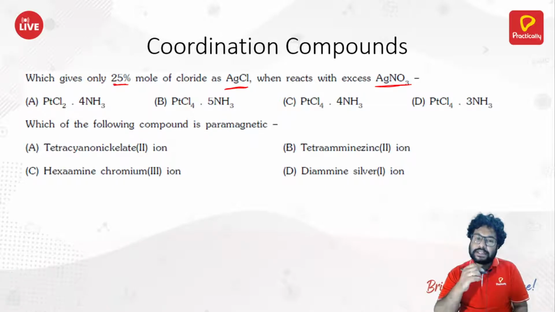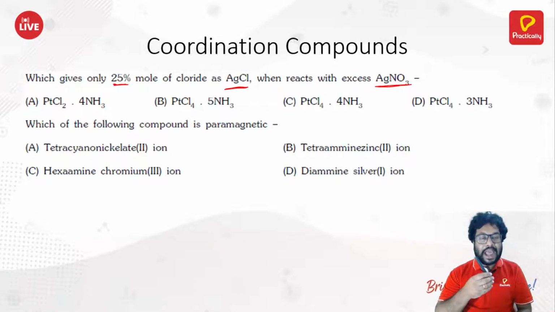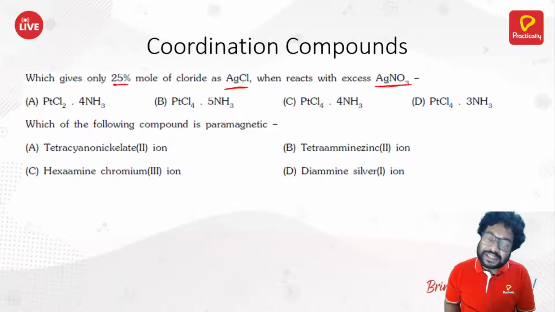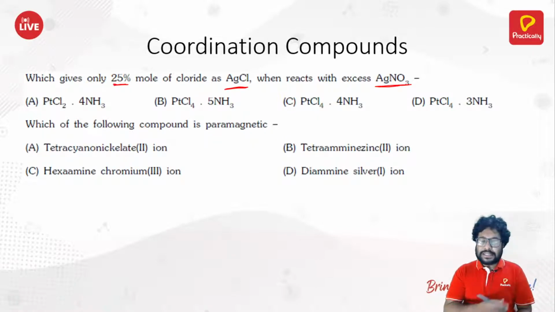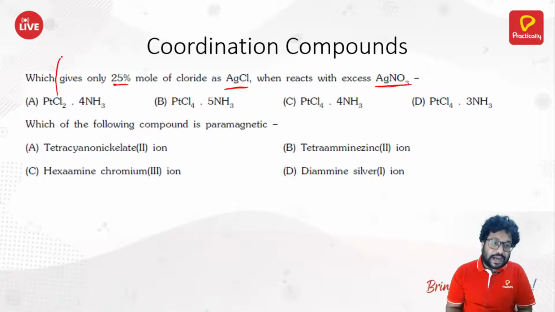What that means is that only 1 chlorine is outside the coordination sphere and the other chlorines must be present inside the coordination sphere.